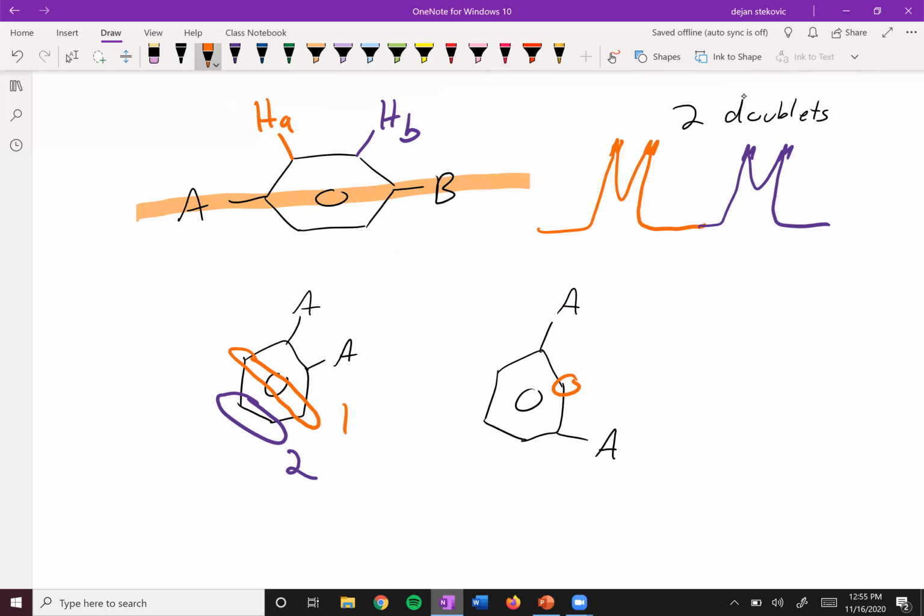Whereas over here, this proton will be different. These 2 will be the same as one another, and then this one will be a 3rd one. However, these are going to kind of get mixed up a little bit, and so it's going to be very hard to tell between these 2 compounds, especially if you have 2 different substituents. If these are kind of A, B, it's going to be quite difficult to tell. So we won't really touch on that. We will later on use carbon NMR, which will help us in some scenarios for this.